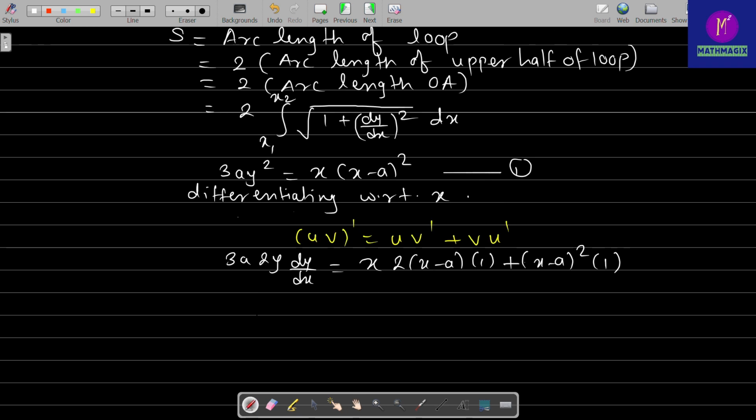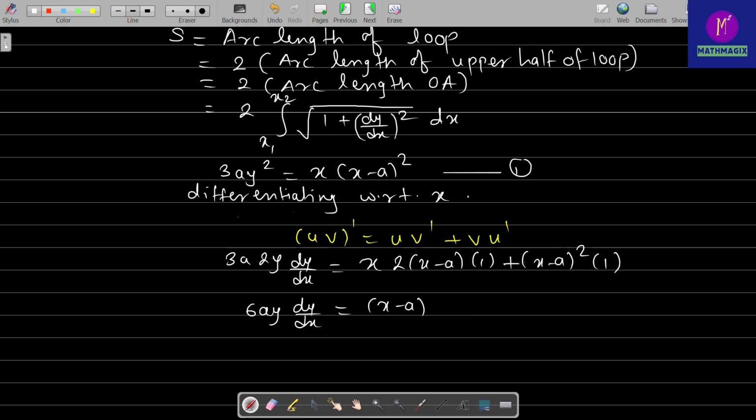This will give us 6ay dy by dx equals to, here we can take (x minus a) common. And please try to solve this in this way only, because if you solve this bracket here itself and try to simplify it, then at the end you are not able to find out the integration properly. So please follow the same method for all problems of rectification where loops are involved.